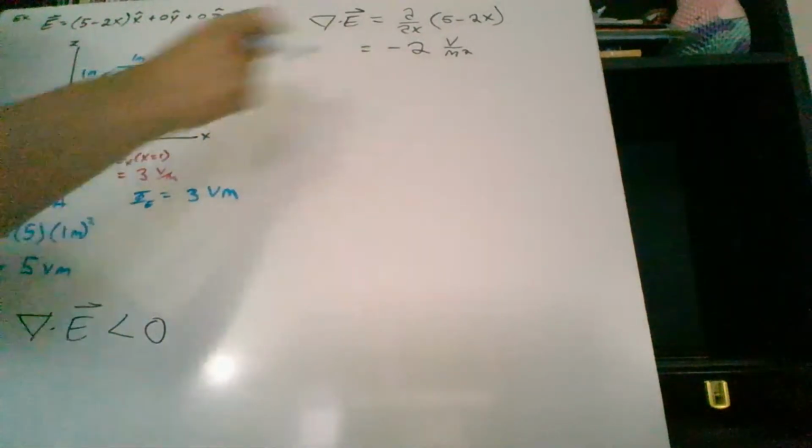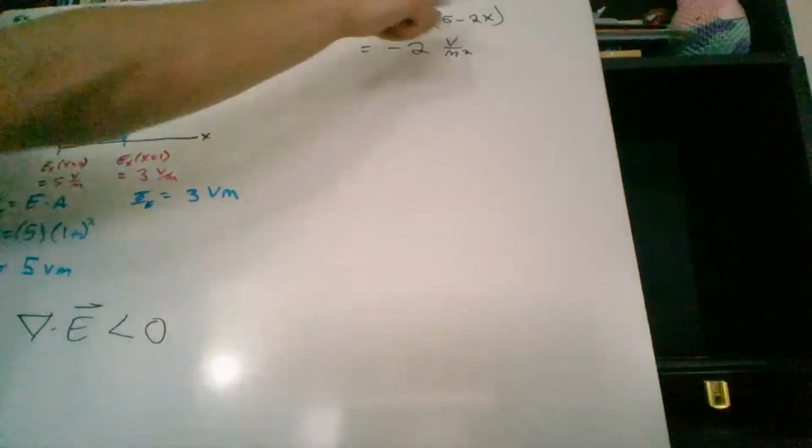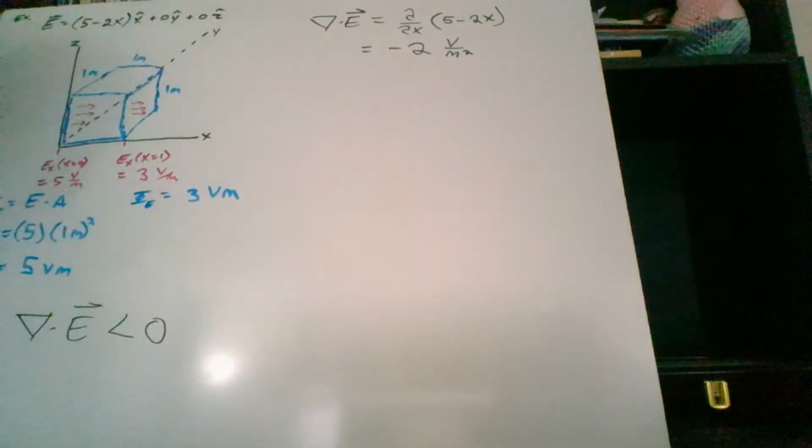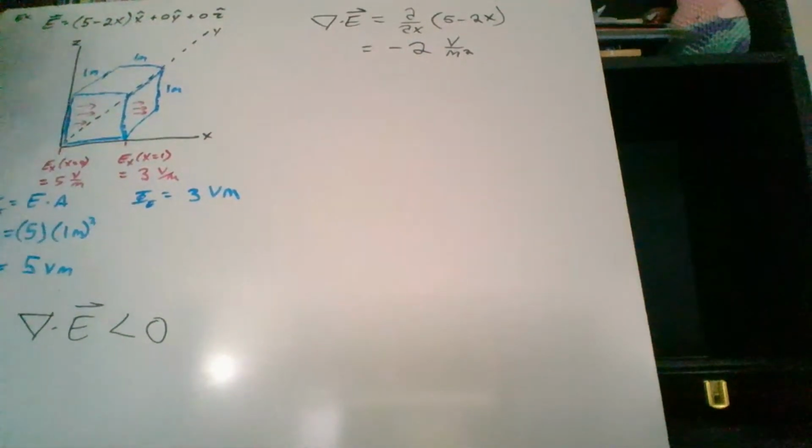That's what this is telling us. So the divergence tells us how fast the electric field is changing. Let me repeat that. The divergence is telling us how fast the electric field is changing as a function of position, not time.